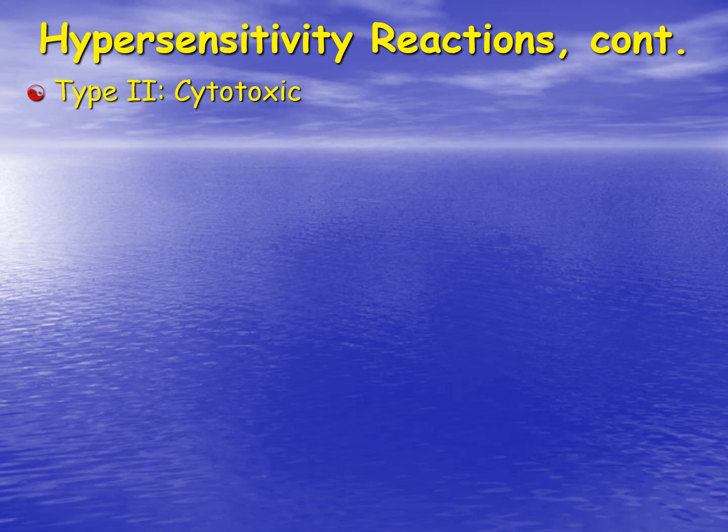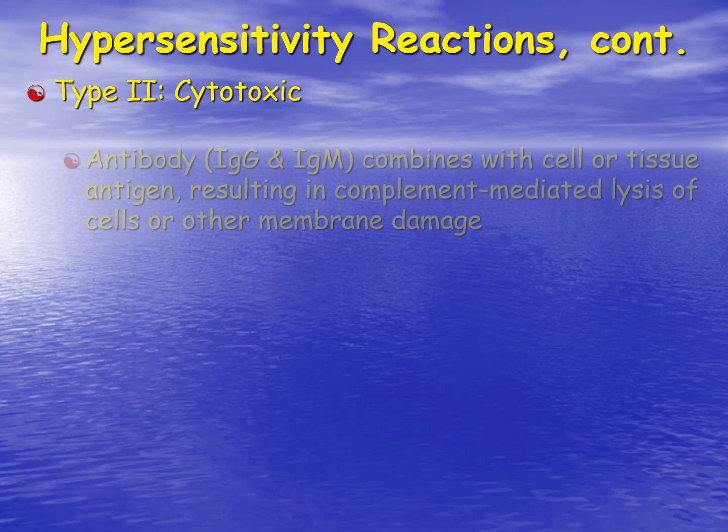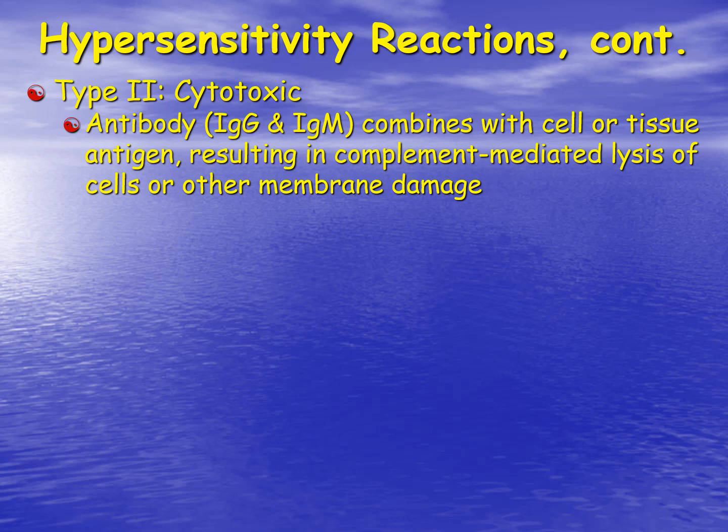Type 2 hypersensitivity reactions are what we call the cytotoxic reactions. These involve IgG and IgM antibodies, and primarily macrophages along with neutrophils. What we see with a cytotoxic reaction is the antibodies, either IgG or IgM, will combine with cell or tissue antigens, and this results in complement-mediated lysis of the cells or other membrane damage.